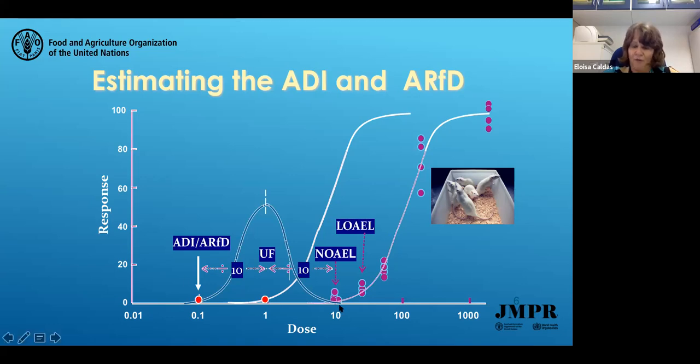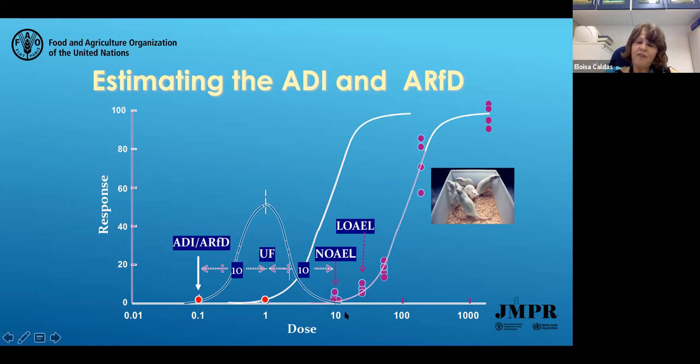So first we apply an uncertainty factor of 10, and then we find a safe dose for the general population. Then we apply another safety factor of 10 to protect the most sensitive subpopulation within the human population.